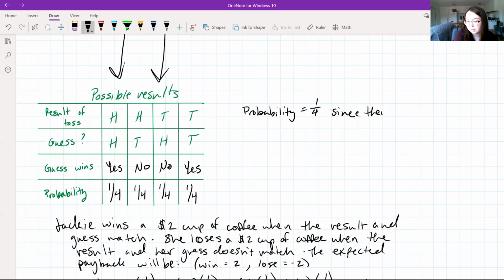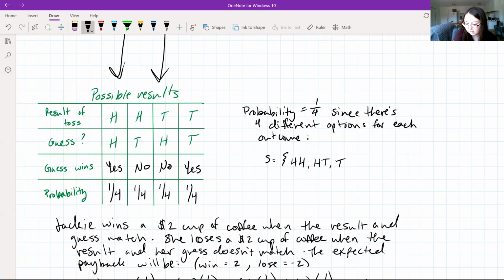Since there are 4 different options for each outcome. And we see that's going to be heads, heads, heads, tails, tails, heads, or tails, tails.